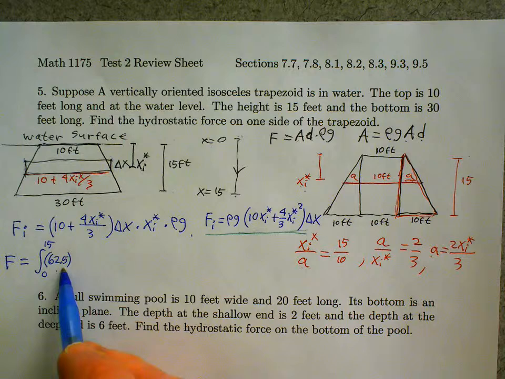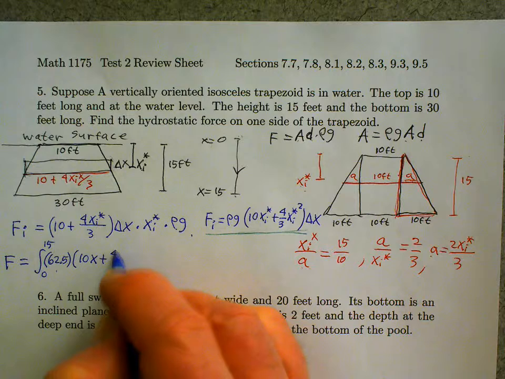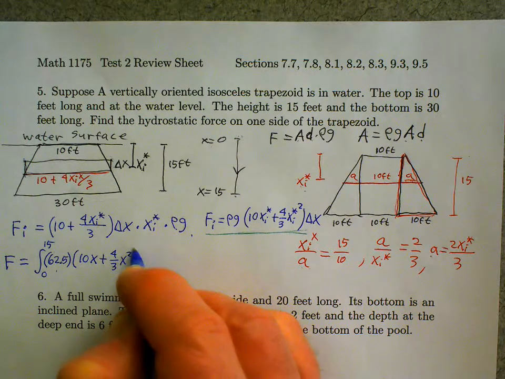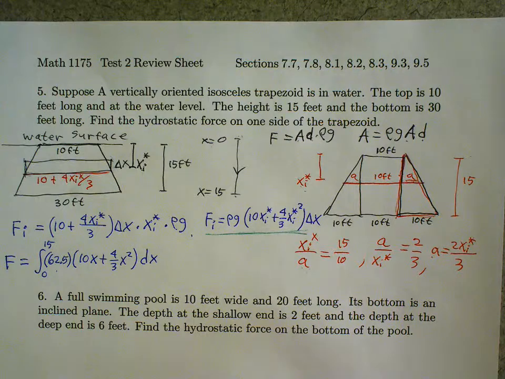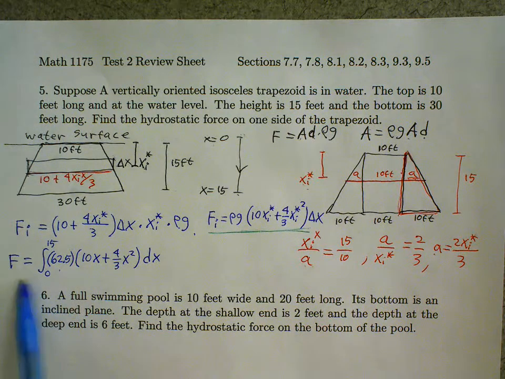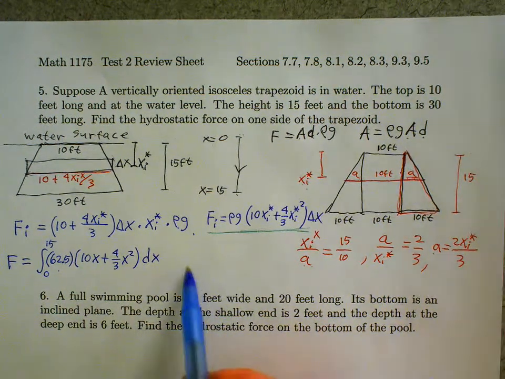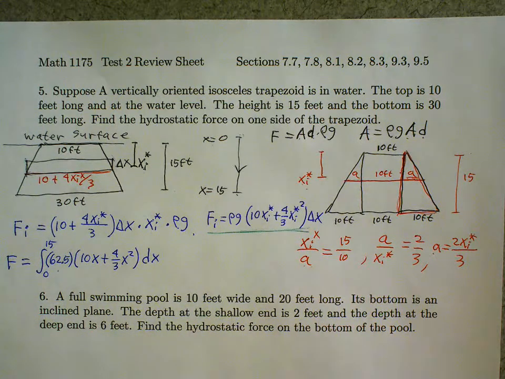And then we multiply that by 10x plus 4/3 x squared dx. This is a fairly simple integral to evaluate, and after evaluating it, that will give you the number of pounds for the hydrostatic force on one side of that trapezoid.